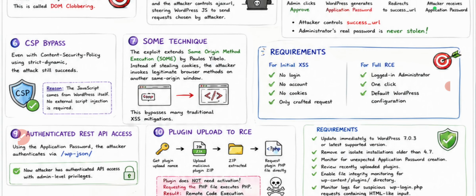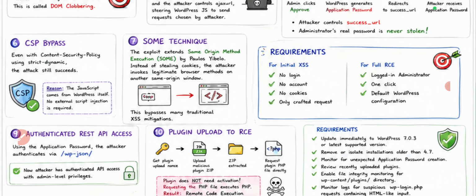No external script injection is required. One technique is same-origin method execution, or SOME, by Ben Hayak. Instead of stealing cookies, the attacker invokes legitimate browser methods on another same-origin window. This bypass defeats traditional cross-site scripting mitigation.